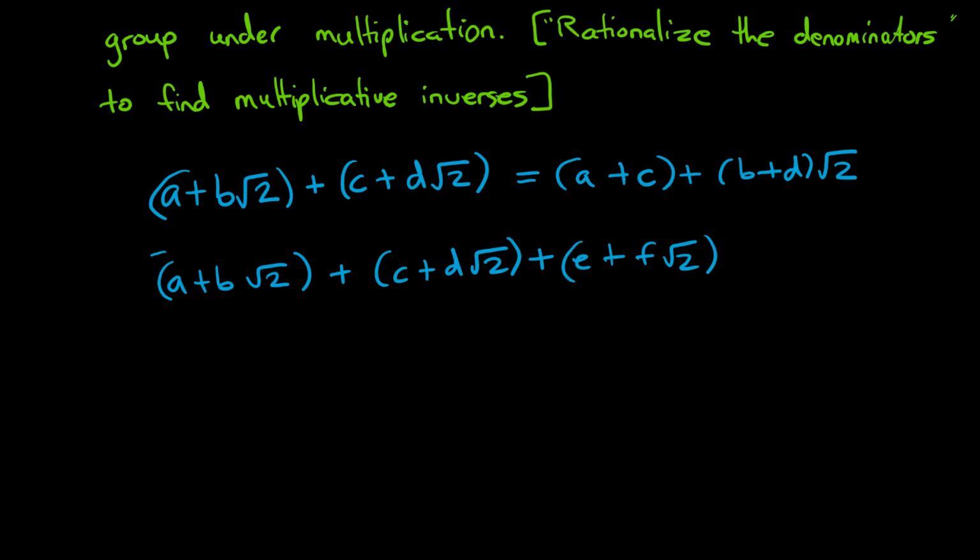We want to check the addition of this first part plus e plus f root 2 at the end, and then see that it is the same thing as a plus b root 2 plus this second part.